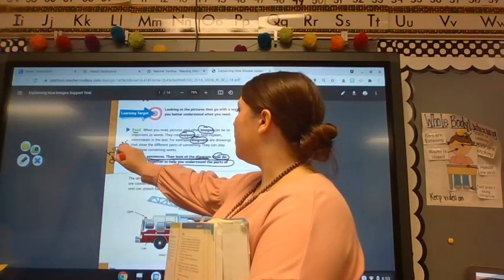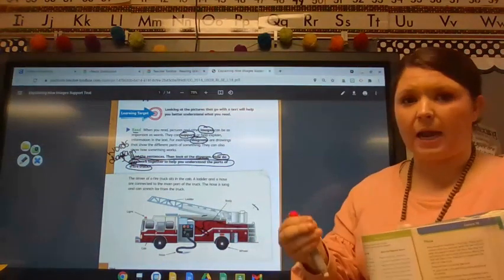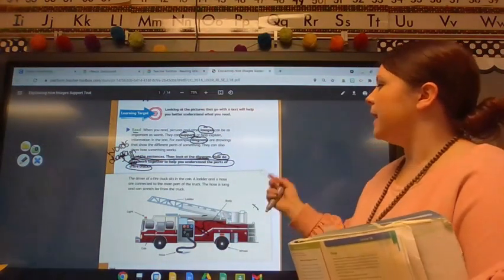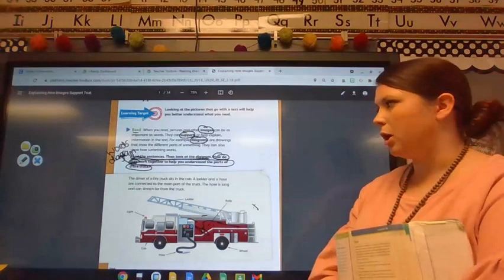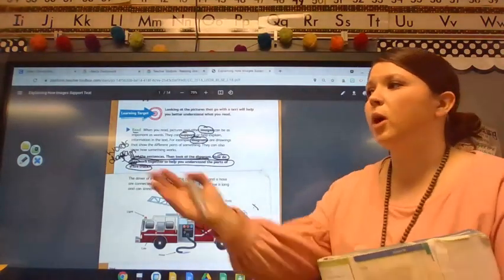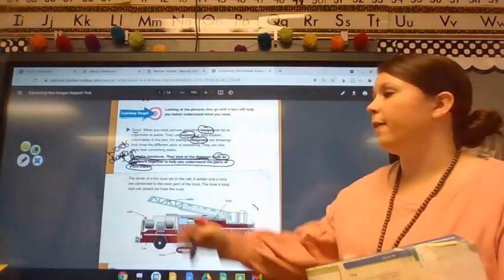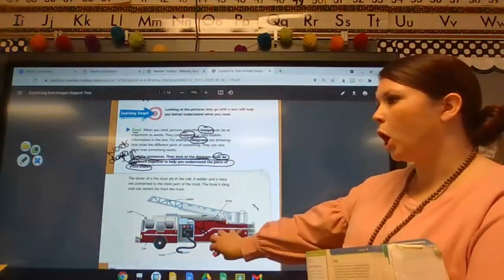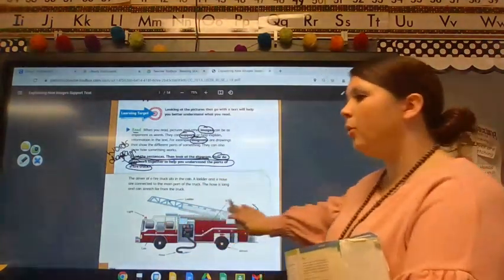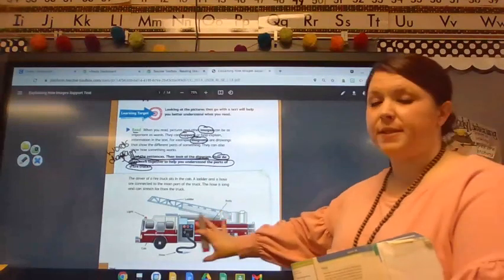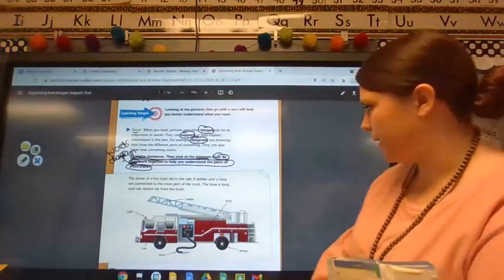So it wants to know, how do the words and the diagram work together to help you understand the parts of a fire truck? Because remember, in our learning target, we're talking about how the images support the words to help us understand the information the author is trying to tell us.